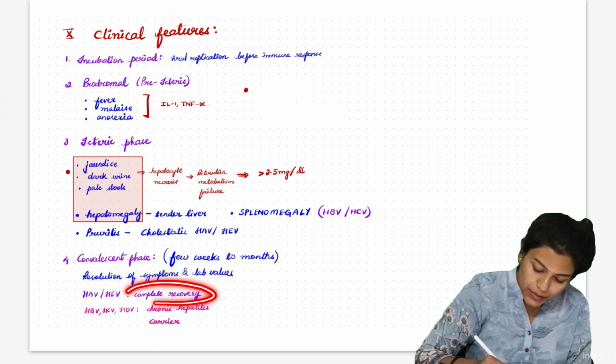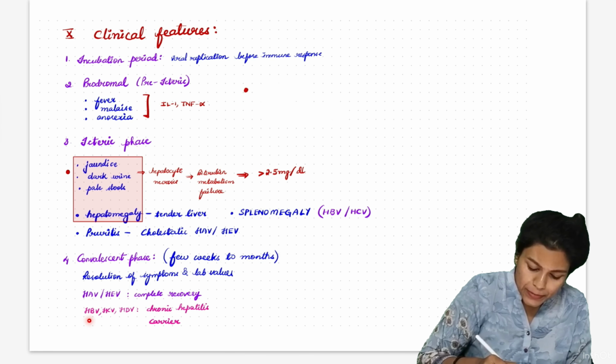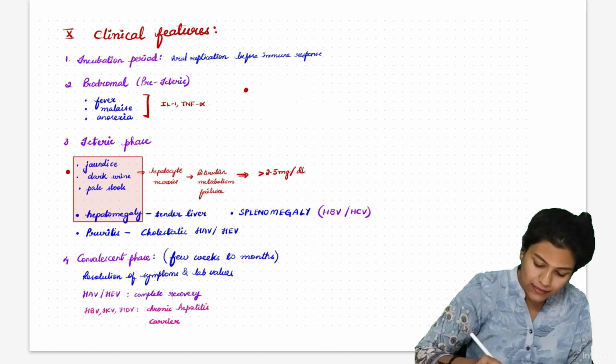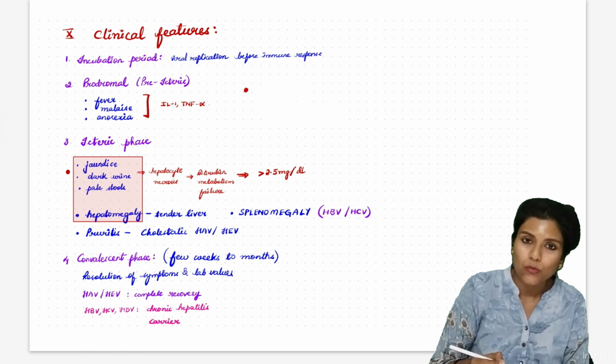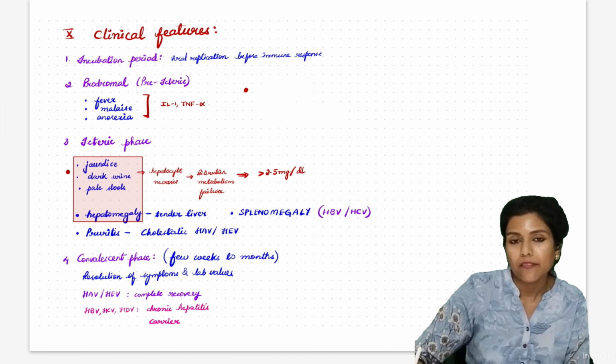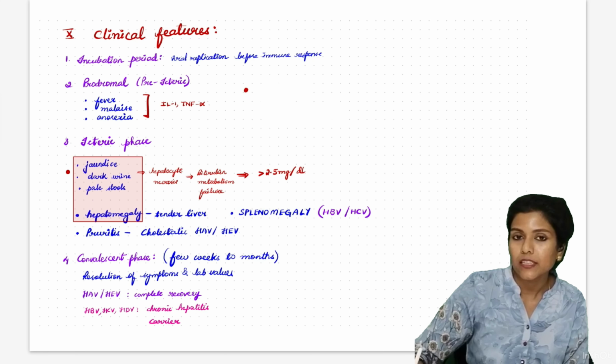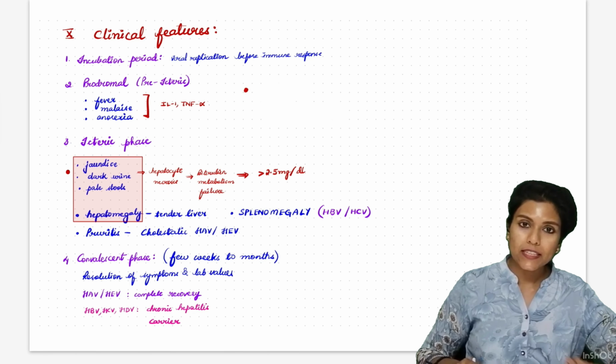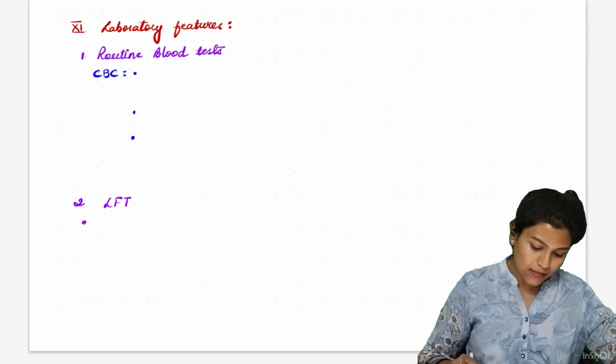So A and E have complete recovery, whereas B, C, D progress to chronic hepatitis and they become carriers. So in the convalescent phase, complete recovery occurs with A and E, whereas chronicity and carrier state are more commonly associated with hepatitis B, C, D. This is about the clinical features of acute viral hepatitis.